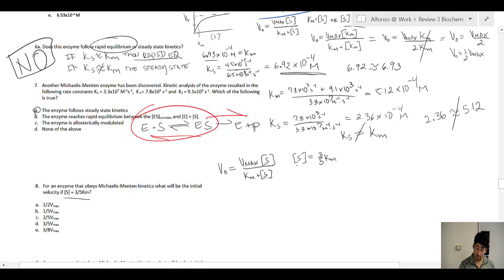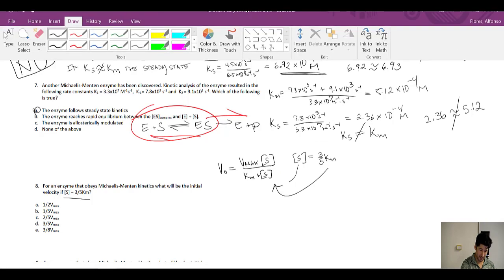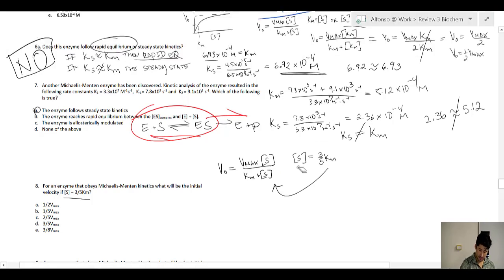So since these two things are equal, I can plug in 3/5 of the Km right wherever you see substrate concentration. So I'll plug that in right there. So the initial velocity is equal to 3/5 Km times Vmax over Km plus 3/5 Km.